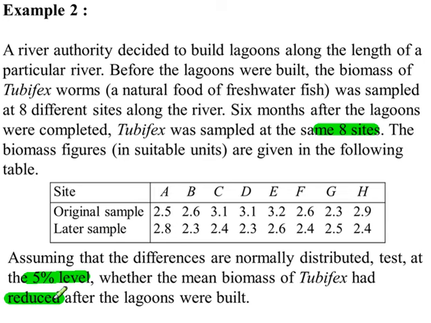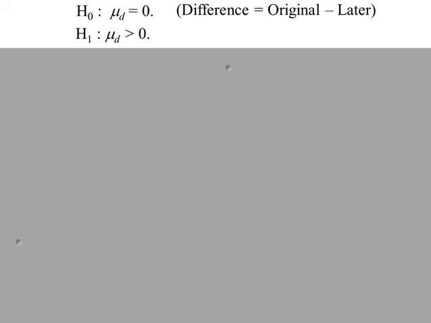And we're looking for a reduction. So the before values will be greater than the after values. So when we're working out the differences, if we do before minus after, it should be a positive difference. So we have a one-tailed test.